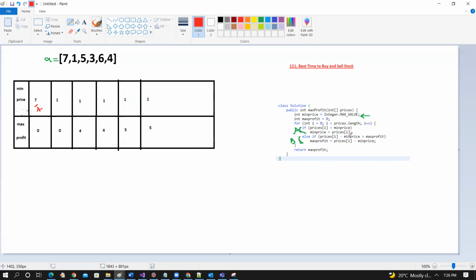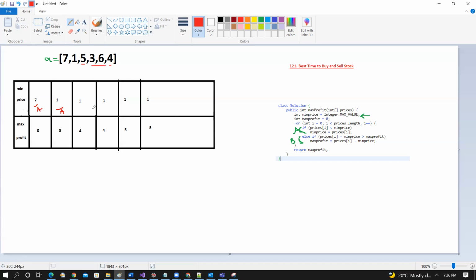It is 7, and 7 is greater than 1, so I need to redefine my minimum price variable. Condition A fires again, and it becomes 1. As we know, there are no values smaller than 1 in the rest of the array. Everything else is bigger than 1.